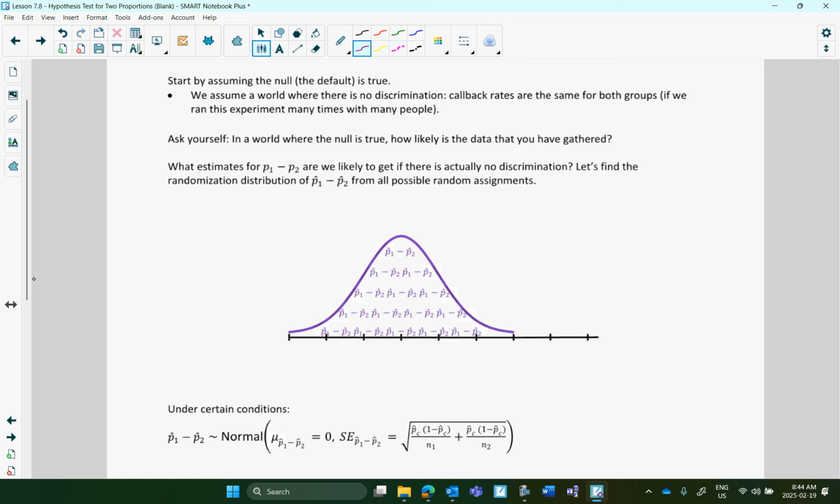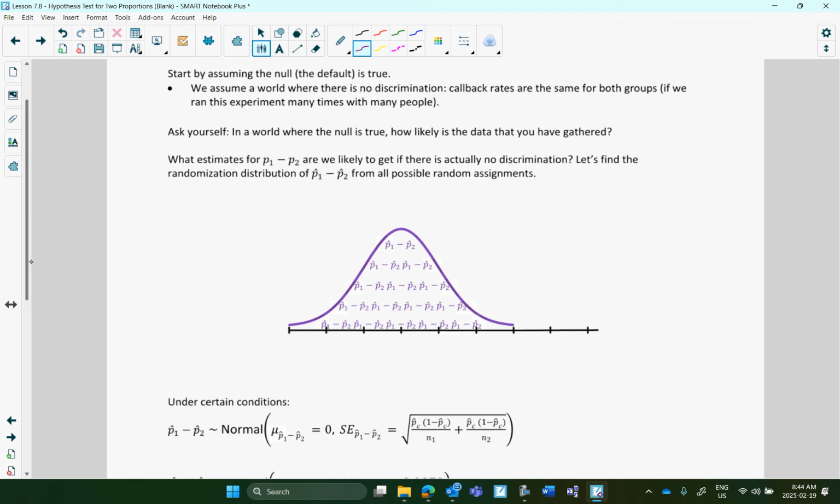If we did several trials and took the sample proportion of white names minus the sample proportion of black names, and we get a whole bunch, and we found that it forms a normal distribution, and it's centered around some value. And then we use our sample to figure out how our sample sits within this, or is it out here somewhere? And given the way I've drawn this graph, you can probably guess where it's going to be.